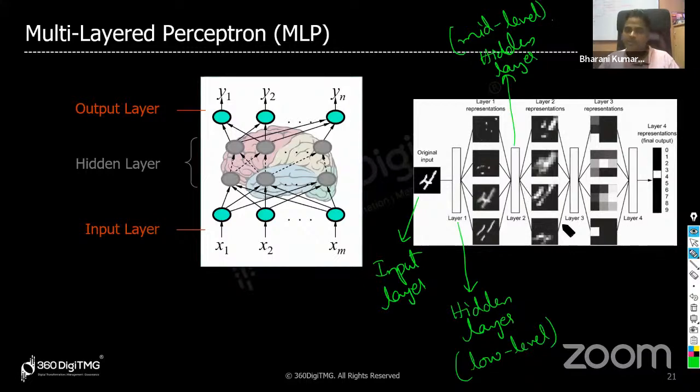Then you have another hidden layer which captures high-level details. And ultimately, you have an output layer, and the output layer gives you the output.